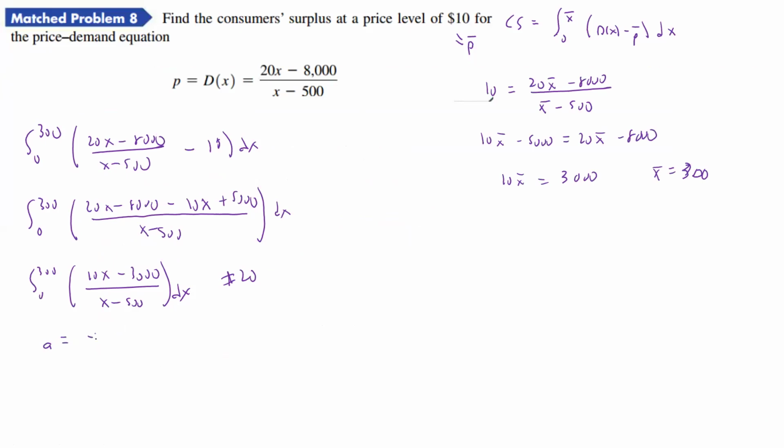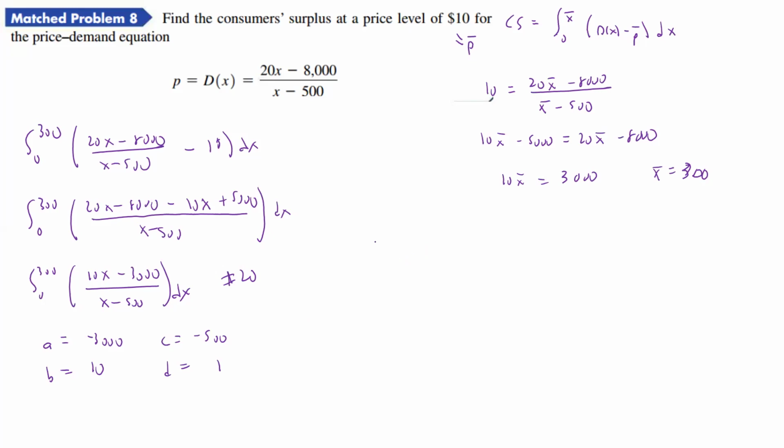A is equal to negative 3,000. B is equal to 10. C is equal to negative 500. And D is equal to just 1. So now we can plug it into that function that we saw on number 20.